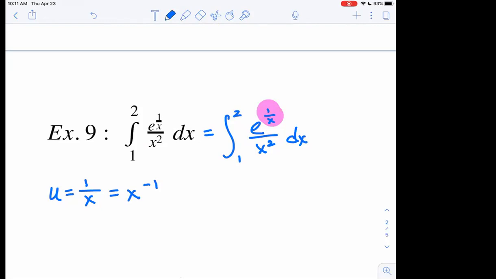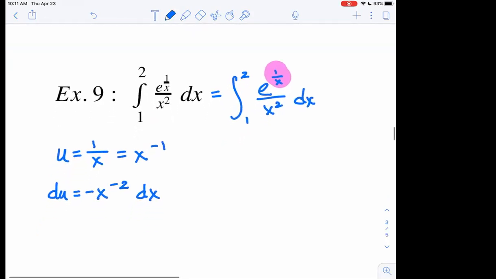Now let's take a look at what happens. When I find my du, I get negative x to the negative 2 dx. And let me rewrite that. I get negative 1 over x squared dx.